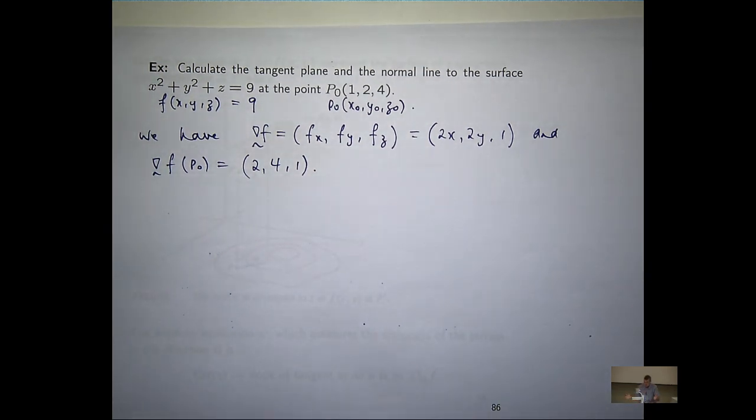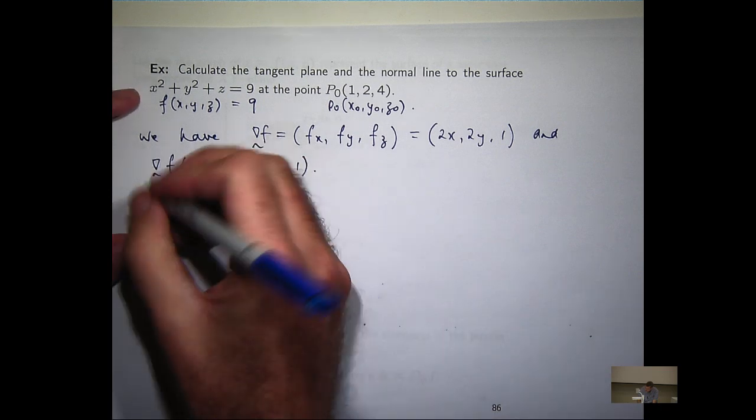So that bottom line is the vector that's normal to our surface at the point P sub naught. Now remember, you can have two normal vectors. They can sort of point in opposite directions. Okay, so let's actually use this to calculate our equations.